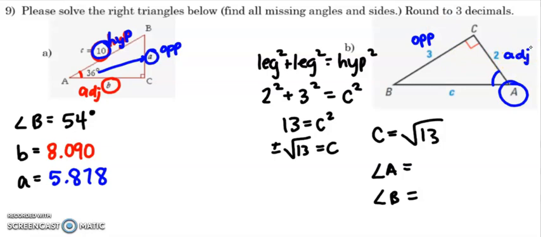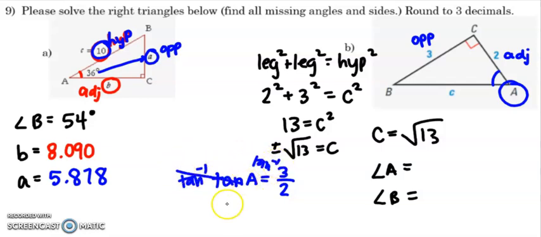And it is going to be tangent, that relates an angle, A in this case, with its opposite and adjacent sides. So to get A by itself, I need to get rid of or undo tangent. So I'm going to take the tangent inverse of both sides. If I do that on the left, I've got to do that on the right.